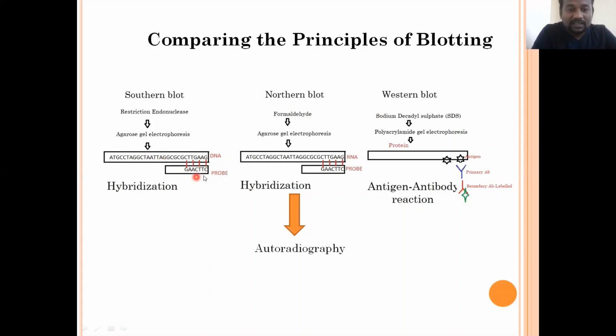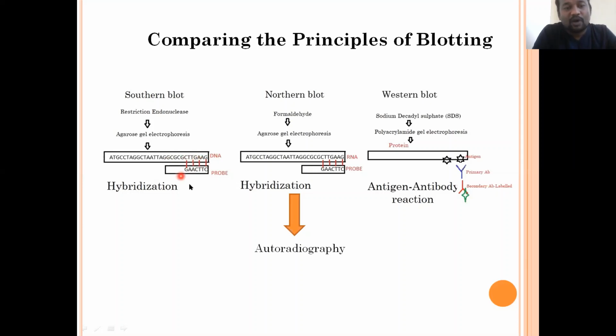The DNA probe, which is used for hybridization, must have the DNA sequence which is complementary to the particular DNA of interest that we are going to detect.